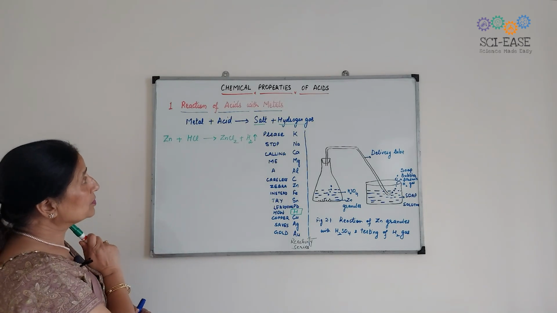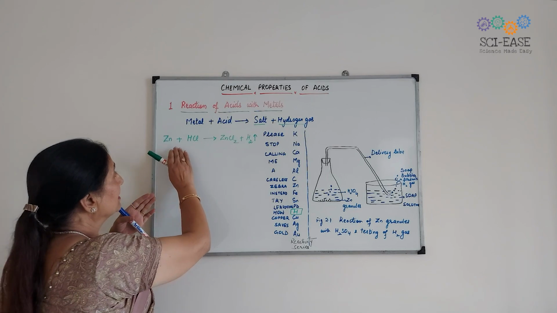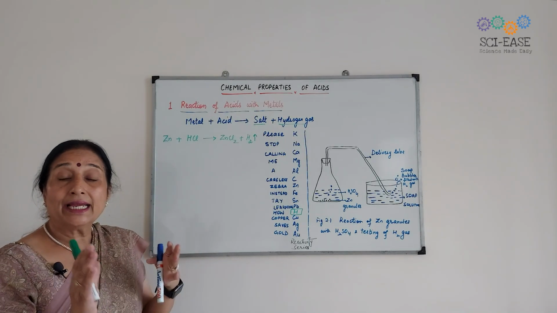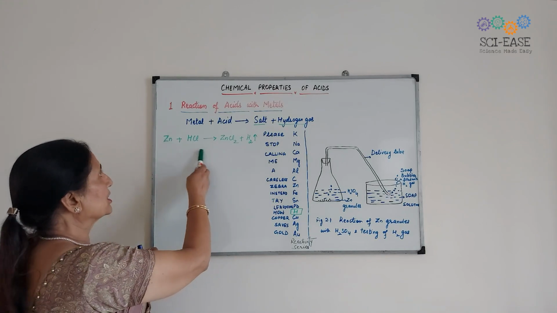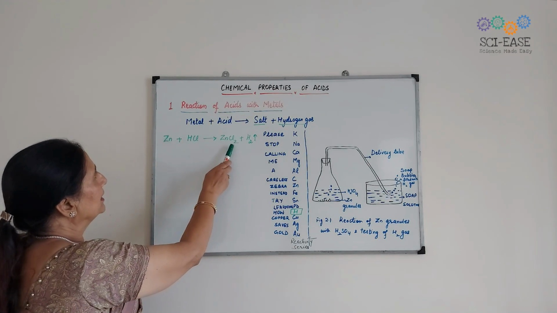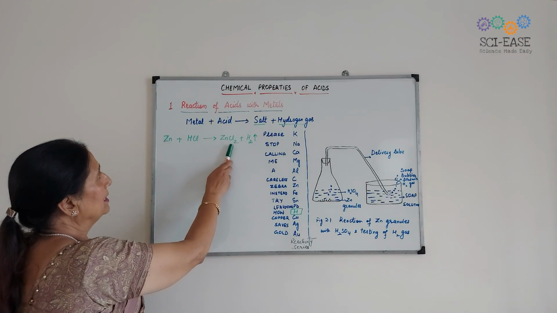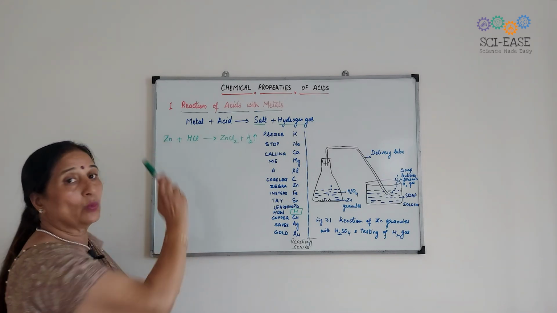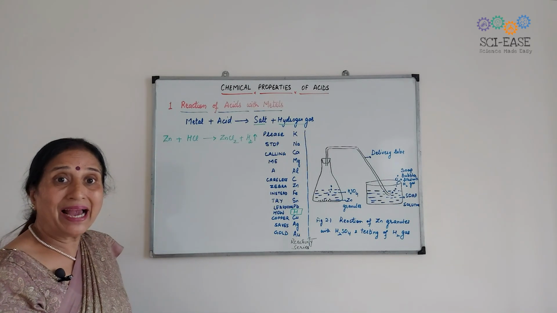Now, first we will see whether this equation is balanced or not. This equation is not balanced. Here it is 2 Cl and here it's 1. Here 2 hydrogen and 1. So how will we balance it?